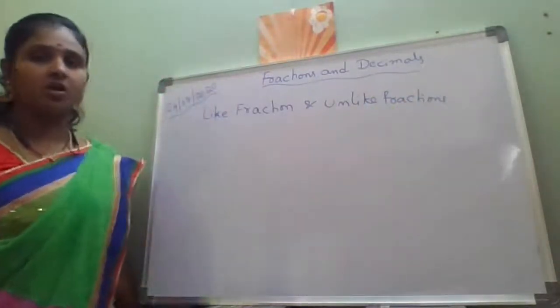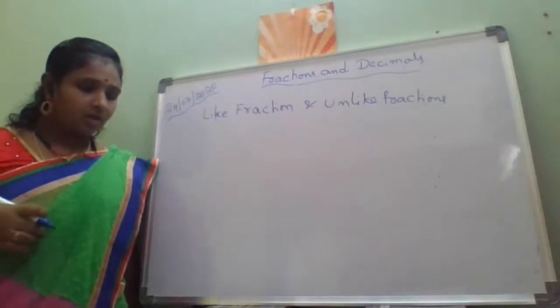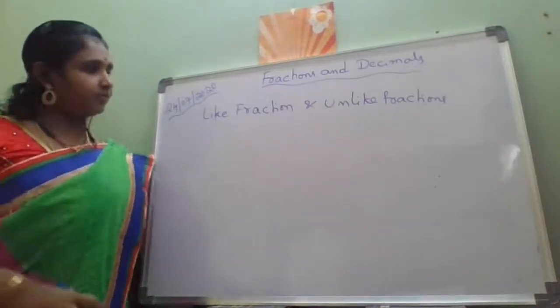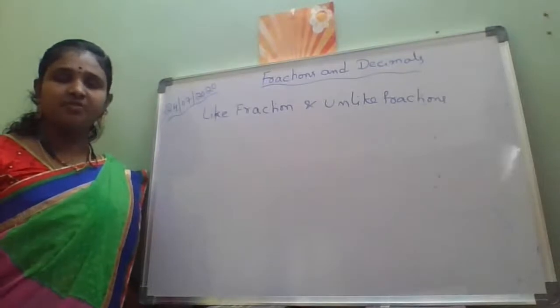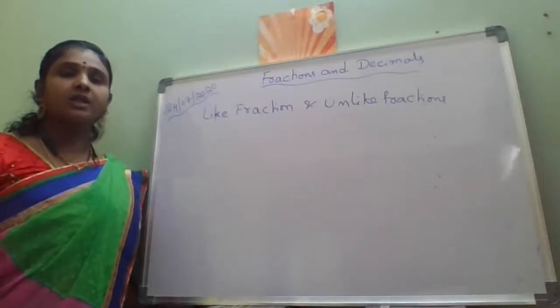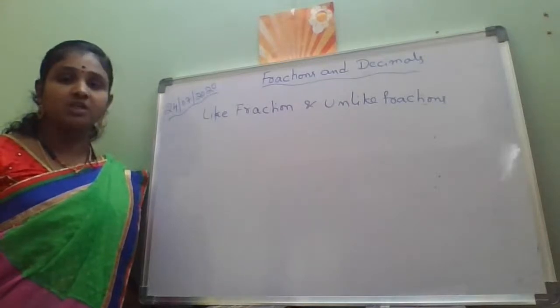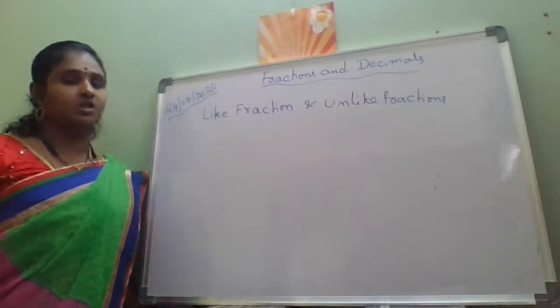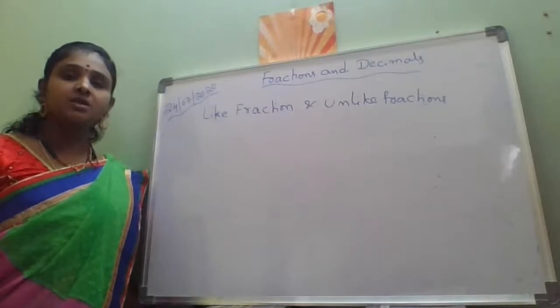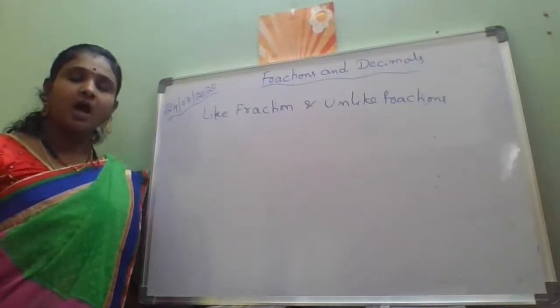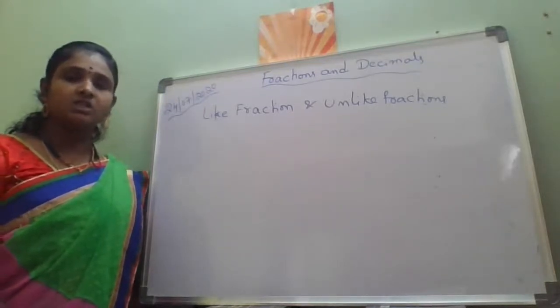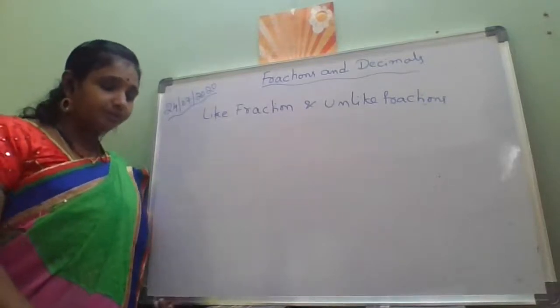So like fraction means what? For some fractions, all the denominators are equal. Then that type of fractions are called like fractions. Unlike fractions means all denominators are unequal. Then that type of fractions are unlike fractions.